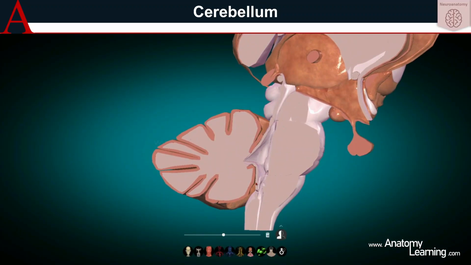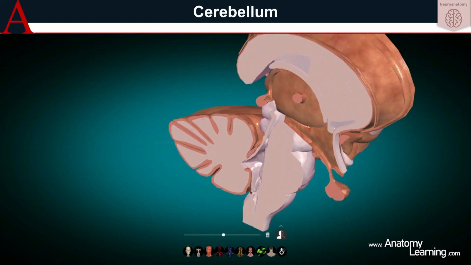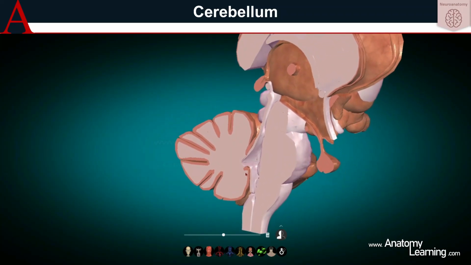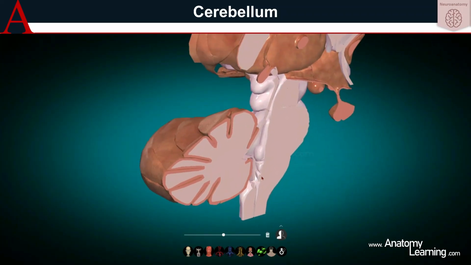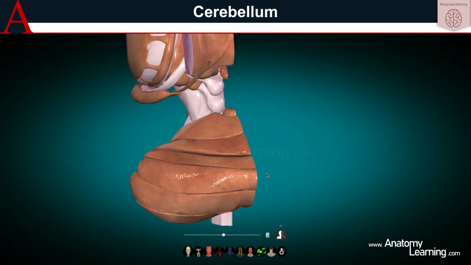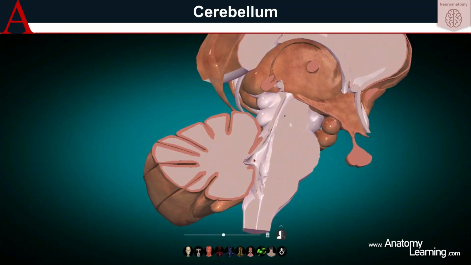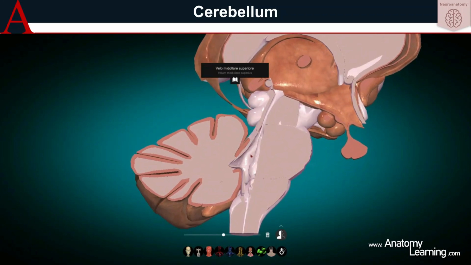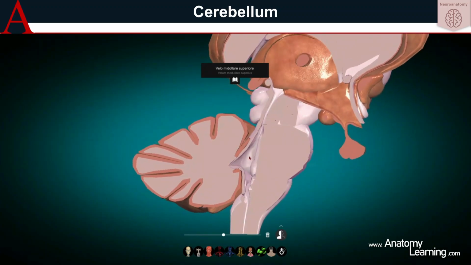The three peduncles converge in a cerebellar hilum, a fissure in the rostral part of the fourth ventricle. The superior peduncles are connected by a lamina of white matter called the anterior medullary velum.